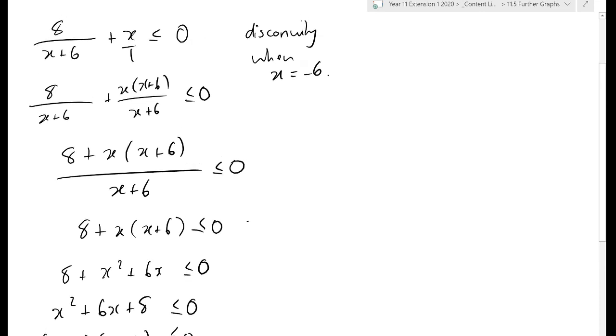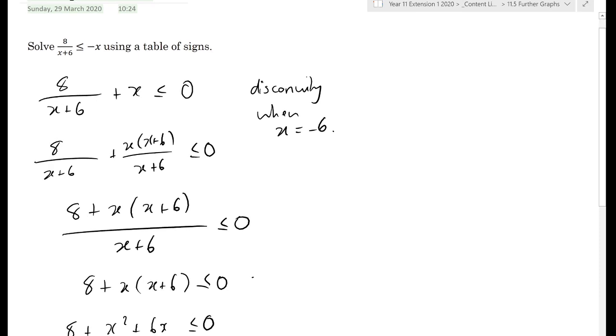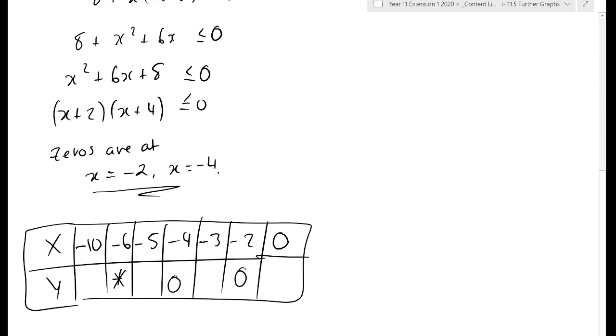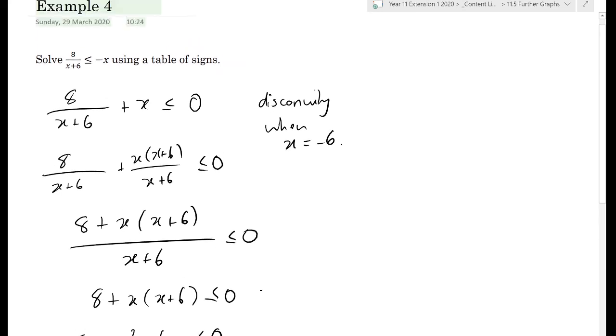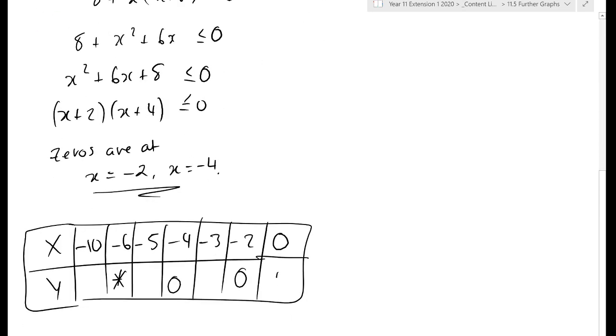So I'm going to go back up to the original equation up here. I'll just use 8 over x plus 6 plus x is less than or equal to 0. So let's start off with 0. Let's put 0 in here. So 8 over 6 is just positive plus 0, so that's just positive.